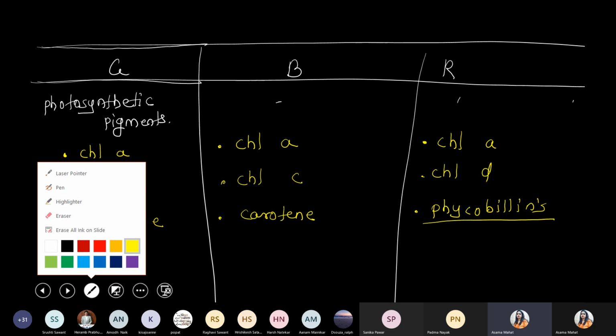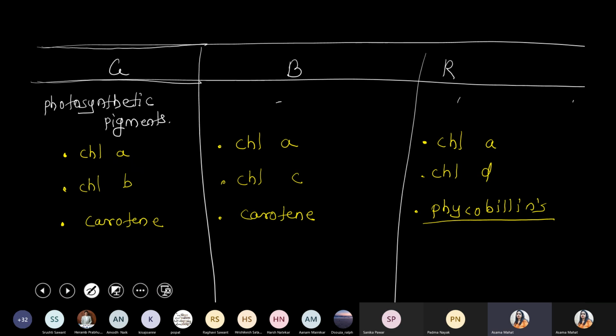And when we talk about phycobilins, we have to write down a total of 3 examples, that is phycocyanin, allophycocyanin, and phycoerythrin. Do the names sound familiar? Cyanin, phycocyanin, erythrin. Yes or no? In case of BGA, cyanobacteria, we discussed these names, right?